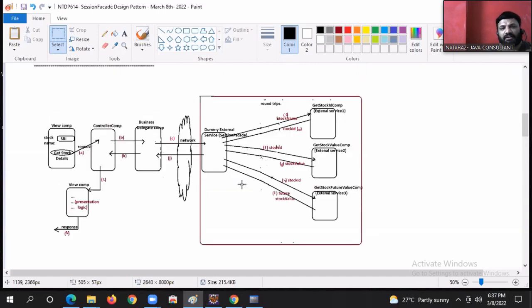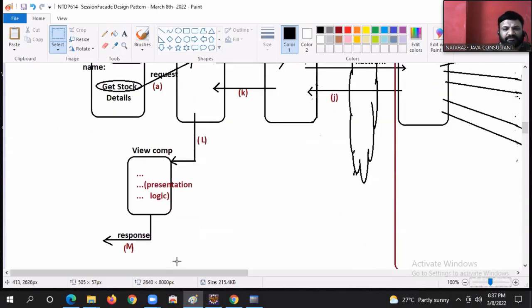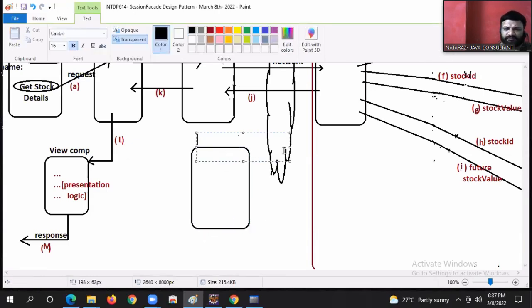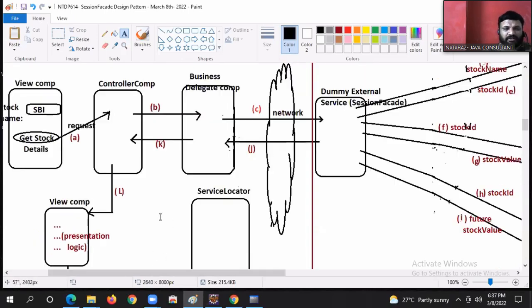Right, guys. Now let's see my improvisation. My improvisation here is service locator. I'm dropping all the numbers, guys. I would like to give new numbers.